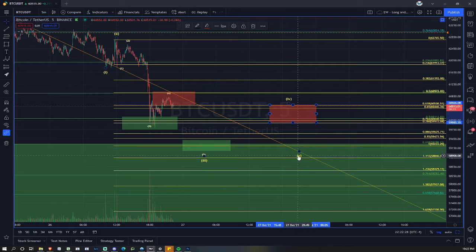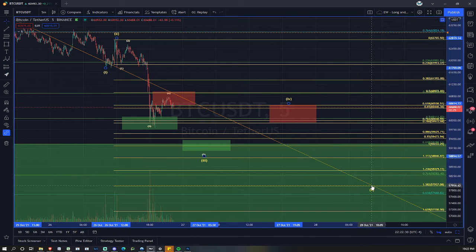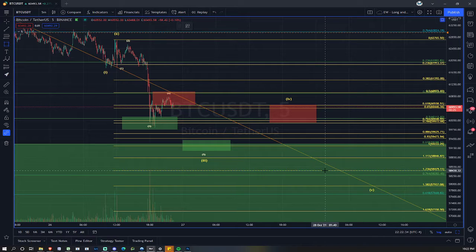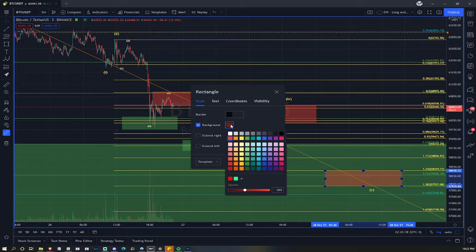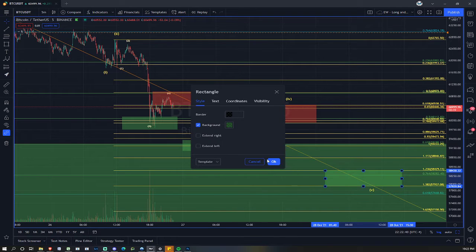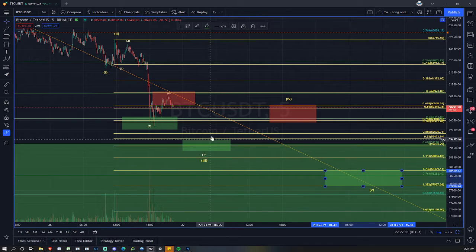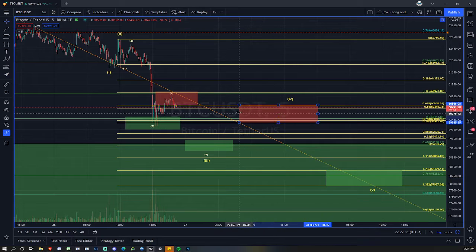Somewhere in that region, and then the target for the 5th is down a little bit further here. Like so. Okay.